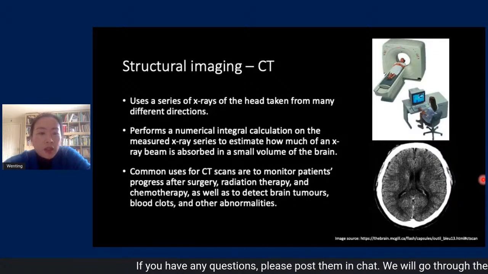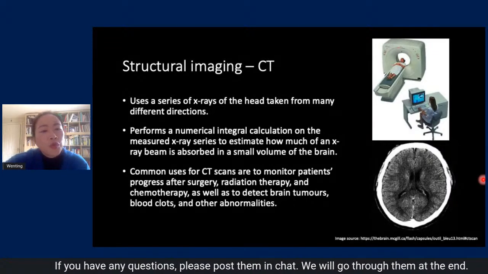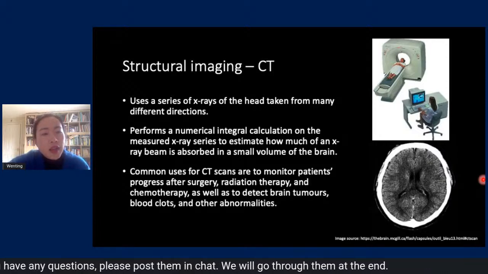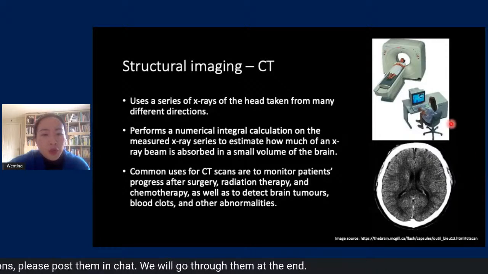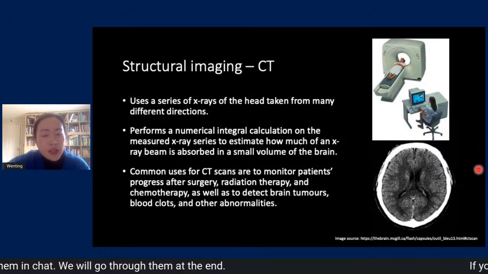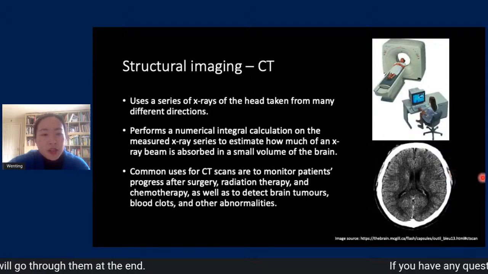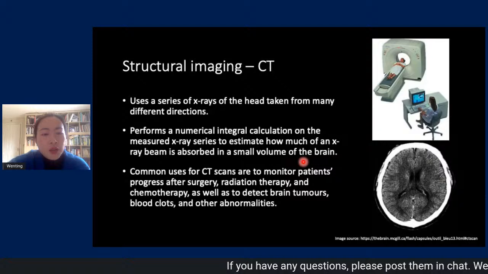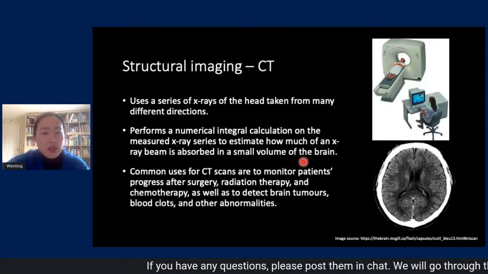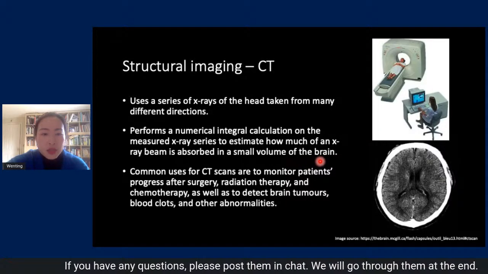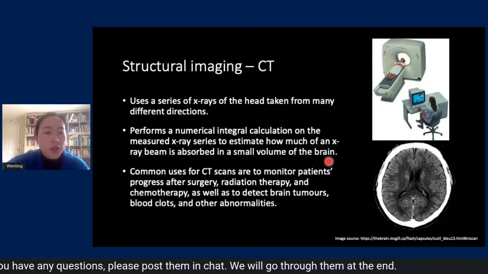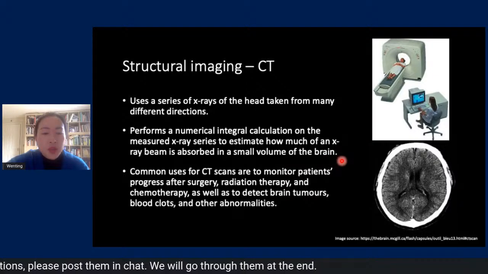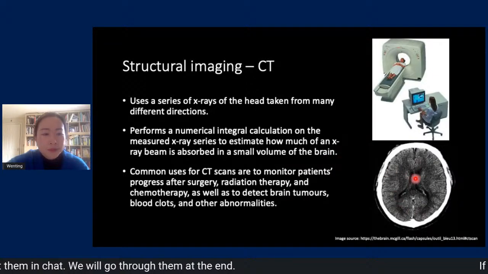To form a CT, we use a series of X-rays of the brain, of the head, taken from many different directions. It will perform a numerical integral calculation on the measured X-ray series to estimate how much of an X-ray beam is absorbed in a small volume of the brain.